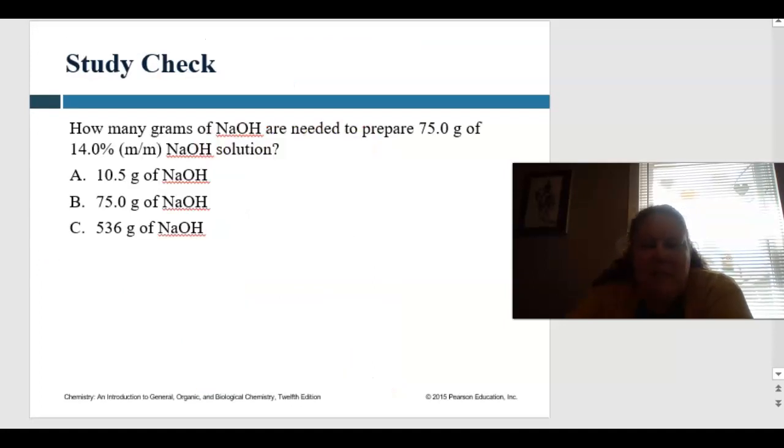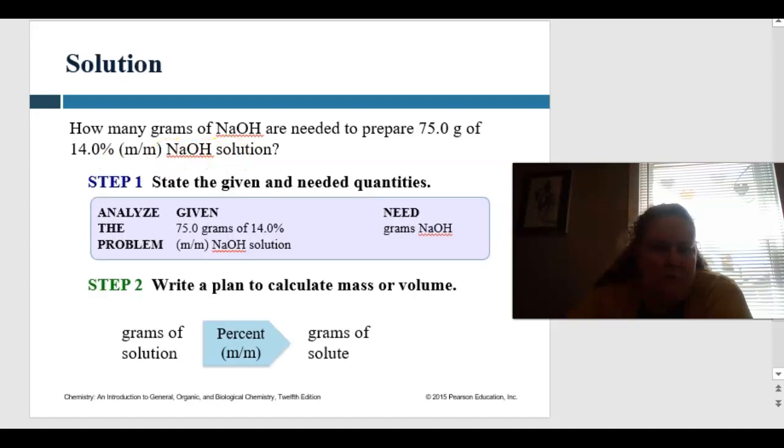How many grams of NaOH are needed to prepare 75 grams of a 14% NaOH solution? Okay, pause me and come back. So we're going to state the given and the needed. We are given 75 grams of a 14% solution, and we need the grams of sodium hydroxide.